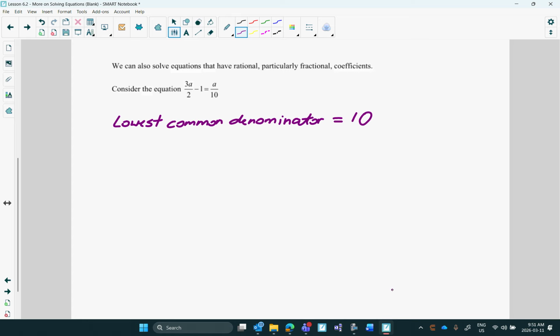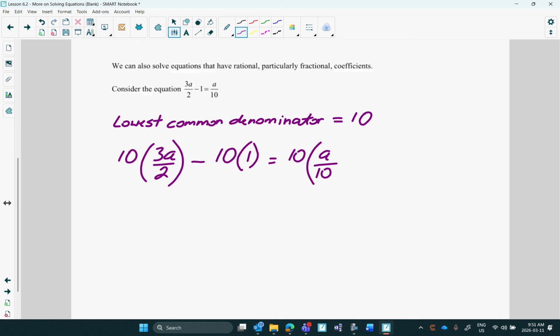So if I'm going to multiply by 10, I've got to multiply this by 10. I've got to multiply the 1 by 10. And I've got to multiply the a over 10 by 10. If you don't multiply everything by 10, you have changed the equation and therefore have changed the solution to an incorrect one. Okay?